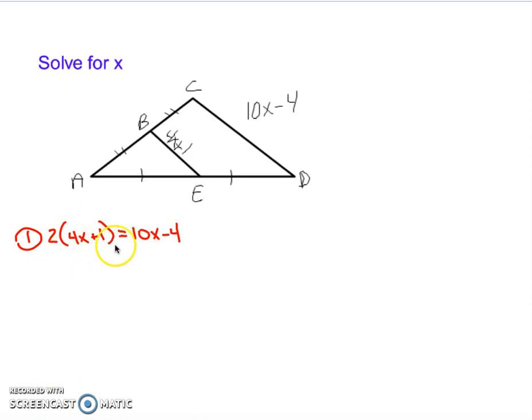So this one is doubling the midsegment and setting it equal to the third side. Or my second way, I can take half of the third side. So I can take 10x minus 4 divided by 2 and set that equal to the midsegment.